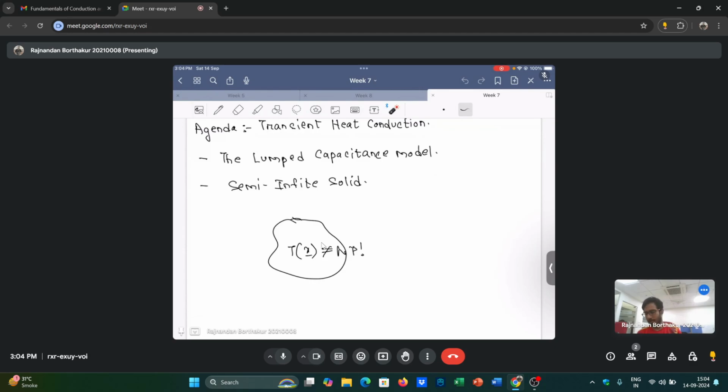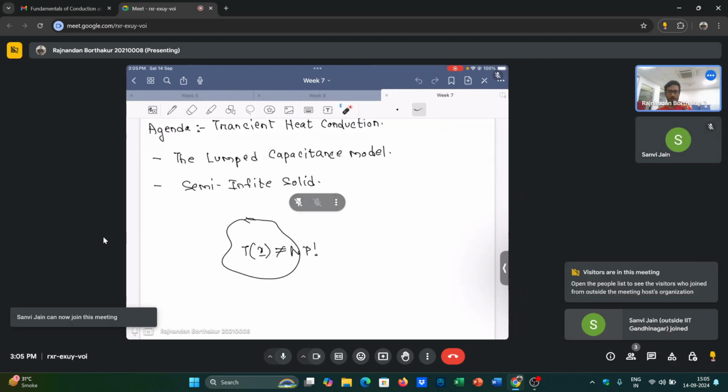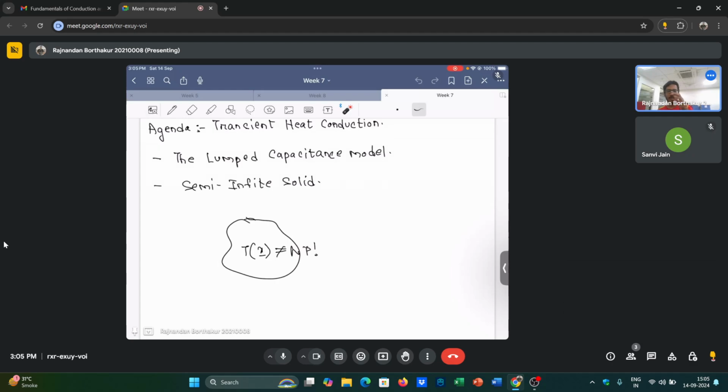And we argued that this assumption is because our Biot number was less than a certain value. That value was precisely 0.1. So we saw that when the Biot number was less than 0.1, the resistance inside the body, which is typically due to conduction, is very much negligible compared to the resistance from the interface to the ambient, which is by convection.